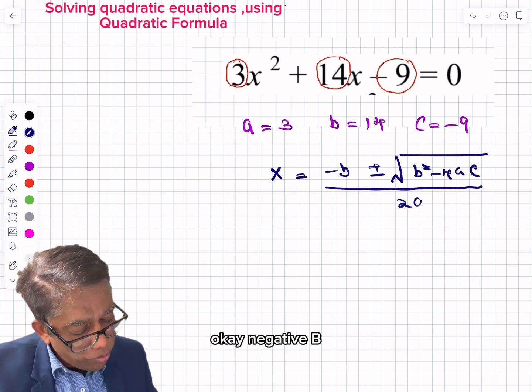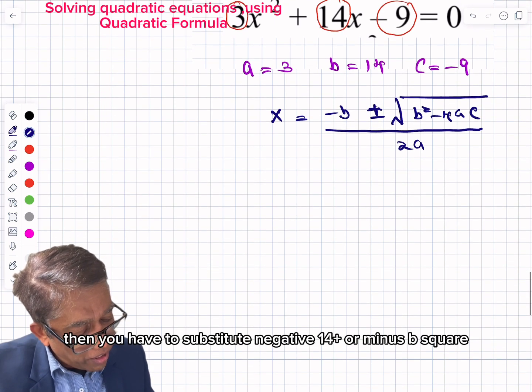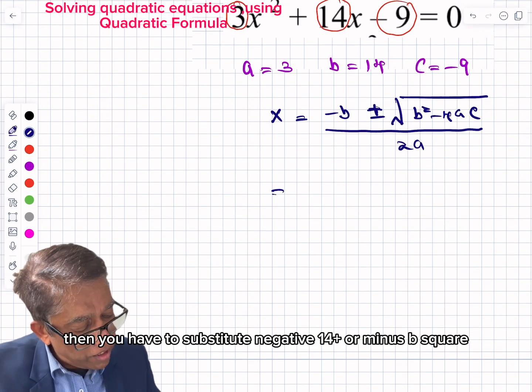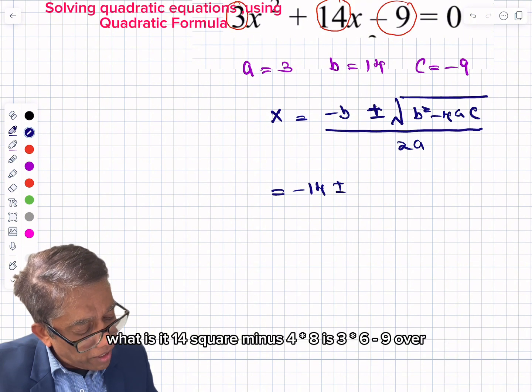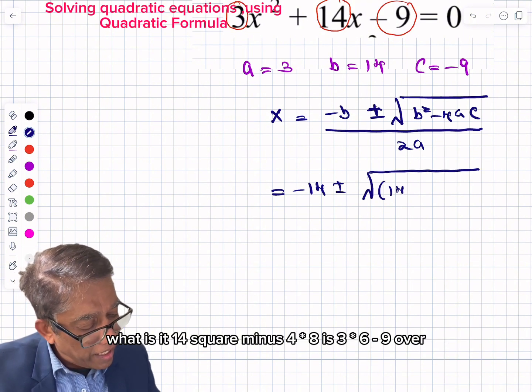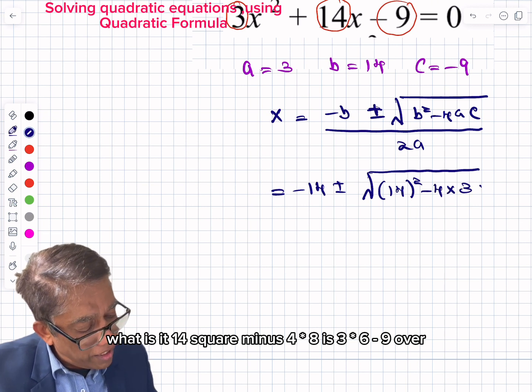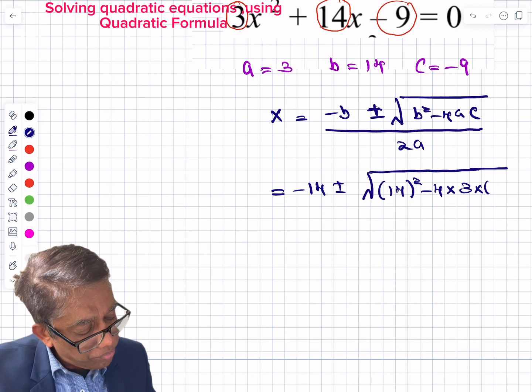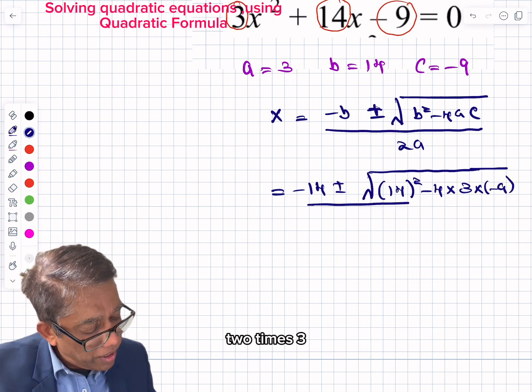Okay, negative b. Then you have to substitute -14 plus or minus the square root of 14² - 4 times a, which is 3, times c, which is -9, over 2 times 3.